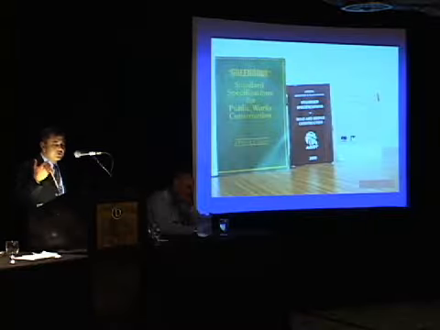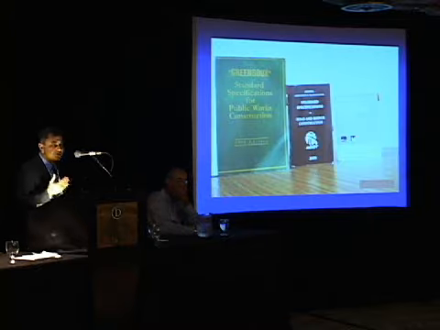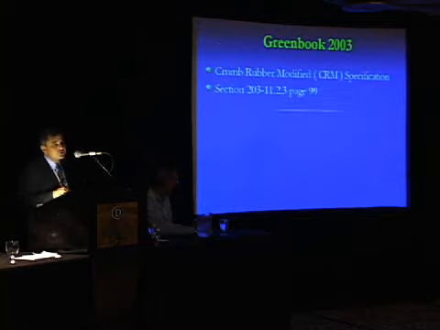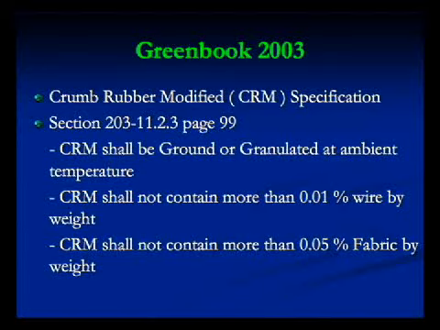So if you're producing crumb rubber for asphalt, don't assume every agency has the same specification. I will show you how that impacts the performance of the asphalt. The Green Book, which is used by cities and counties, requires that crumb rubber modifier shall be ground and granulated at ambient temperature.